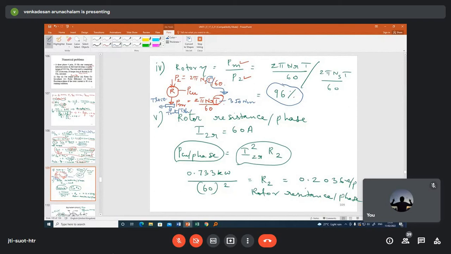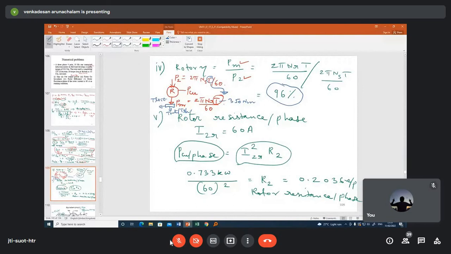It is like a transformer. The equivalent circuit we develop for a single-phase transformer is applicable for a three-phase transformer also, if each phase is balanced.